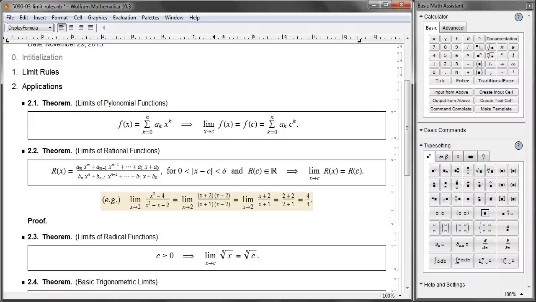You cannot plug in here just yet because the denominator becomes 0, but after simplification, oh yes, you can plug in. And well, that's basically what this theorem is talking about. So it gives us a justification of a typical limit computation that's done by factorization and simplification.